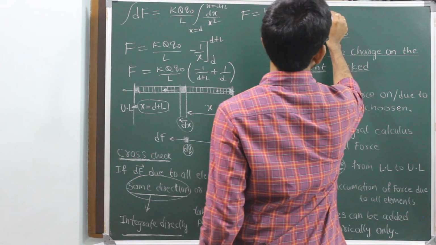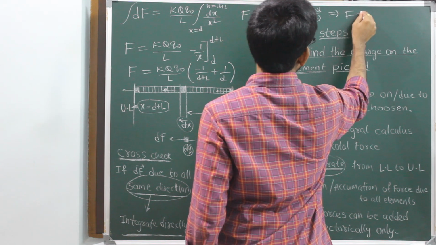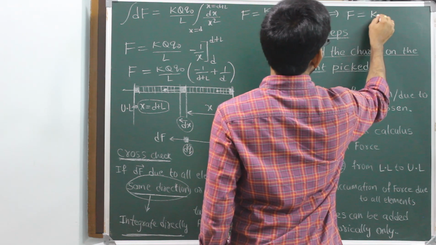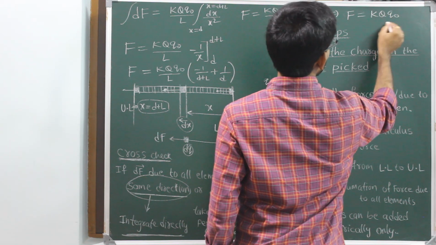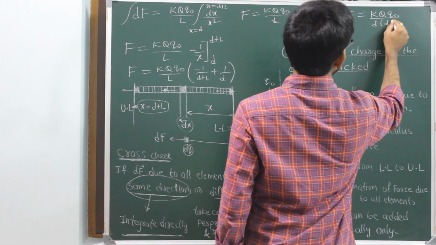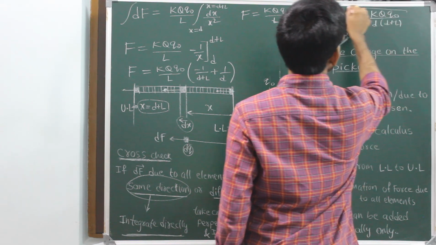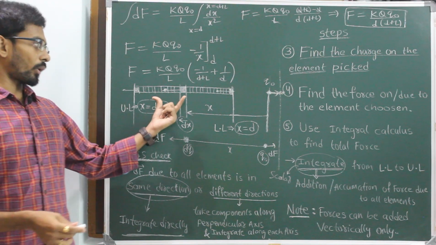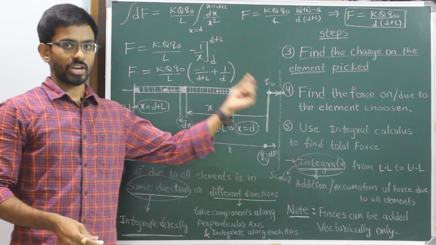So we'll get the total force as k q into q naught by d into d plus L. So this is the force of interaction between a rod and a point charge.